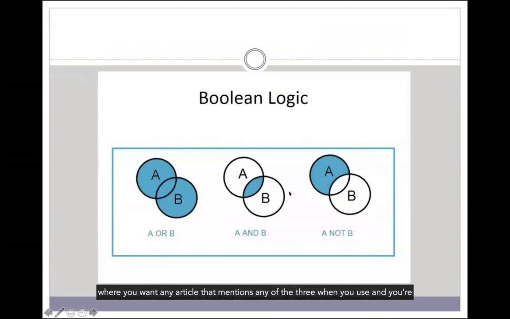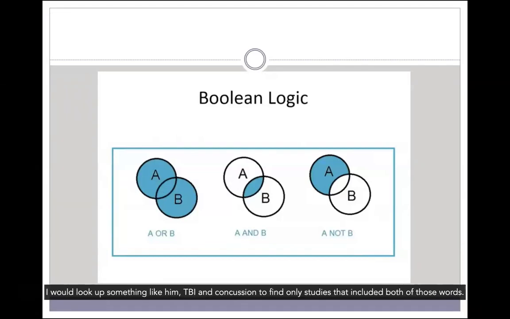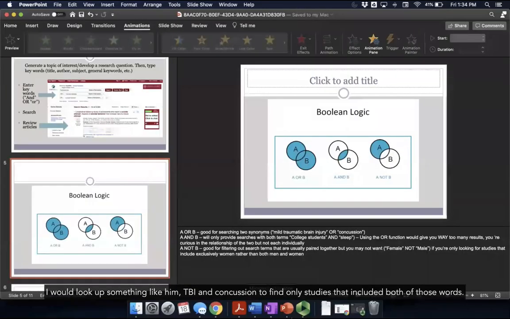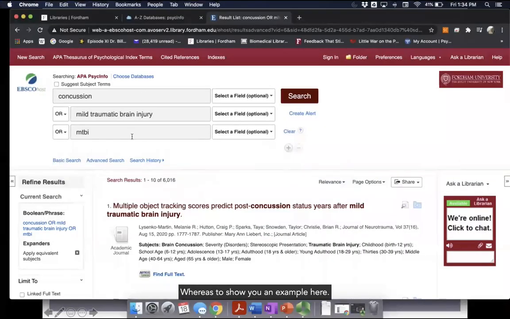When you use and, you're really looking at the articles that overlap that mention both terms A and B. So if I was interested in a study on the terms people use in sport-related concussion literature, I would look up something like MTBI and concussion to find only studies that included both of those words.